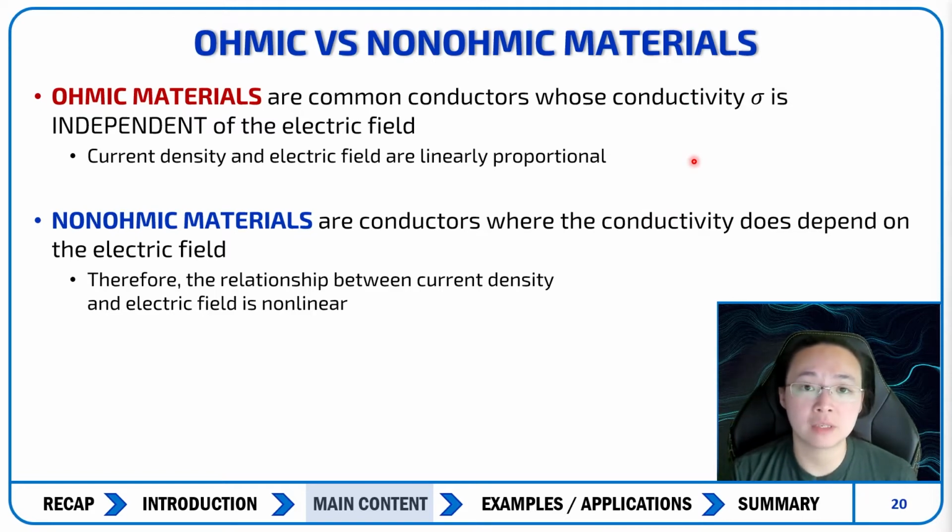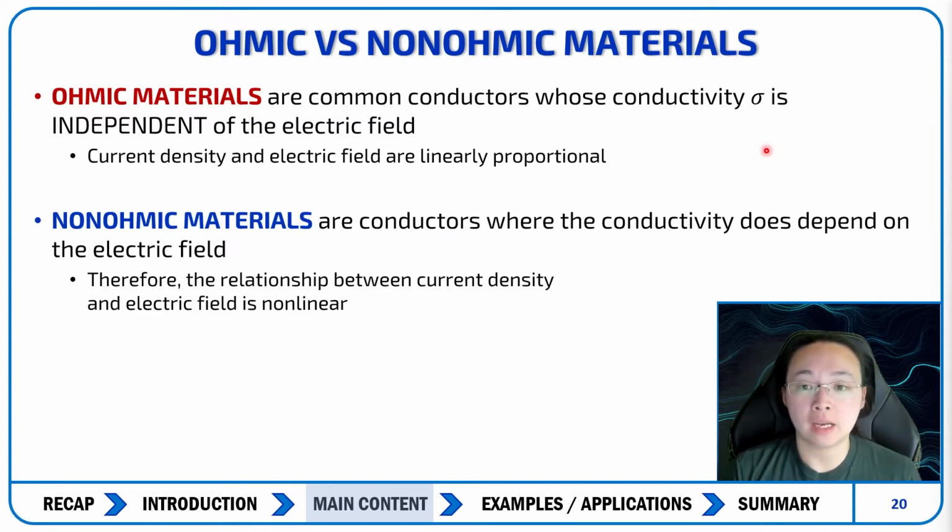Basically, whether it has high or low conductivity, usually high, the electric field will not affect this parameter. So current density and electric field are linearly proportional based on the previous equation.